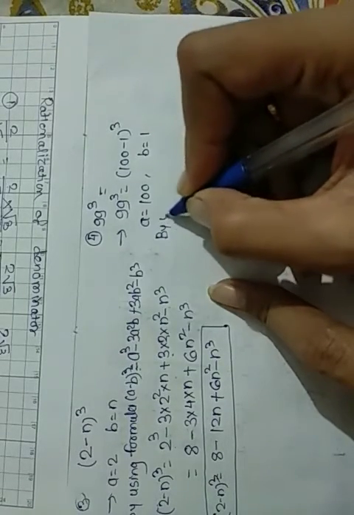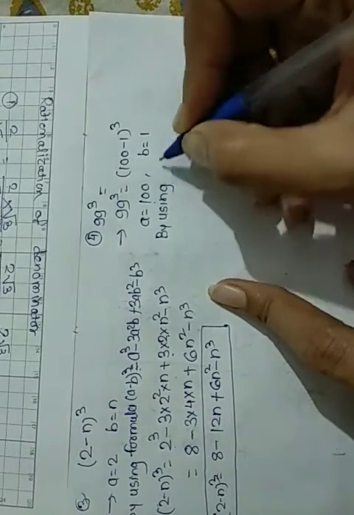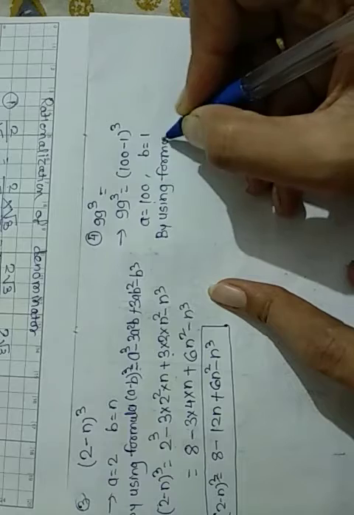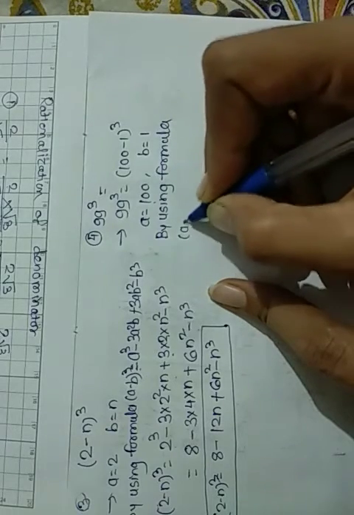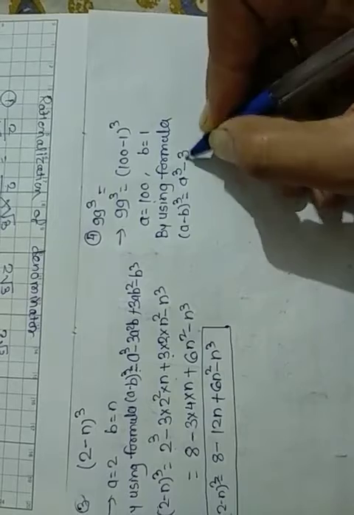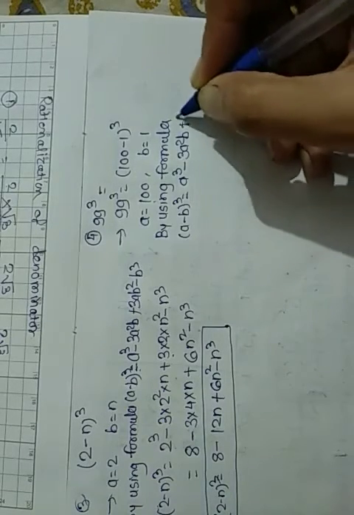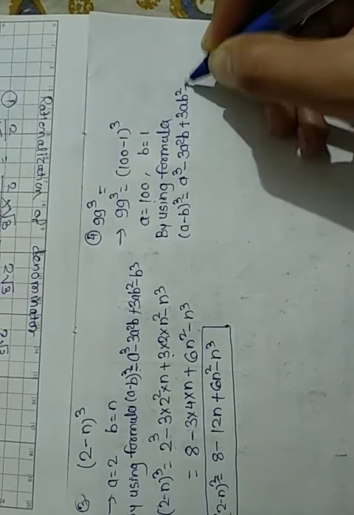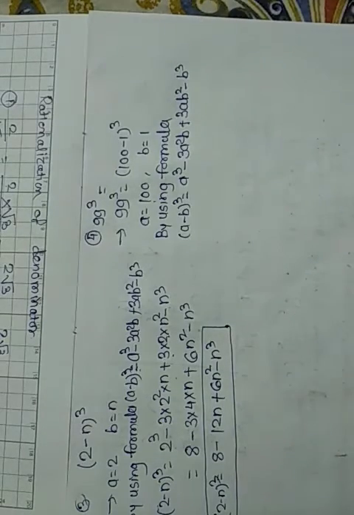Now by using the formula, (A minus B) bracket cube is equal to A cube minus 3A square B plus 3AB square minus B cube.